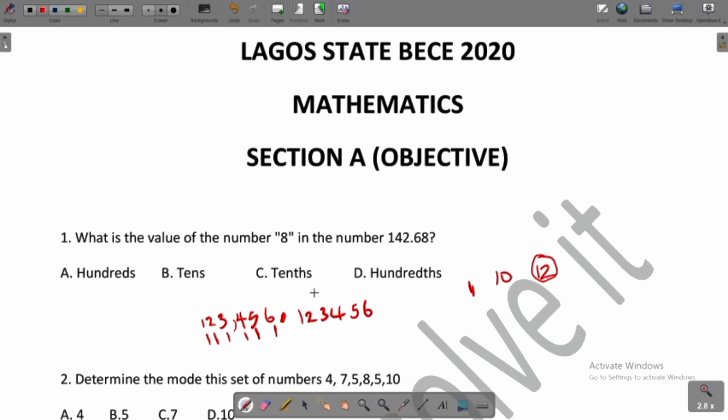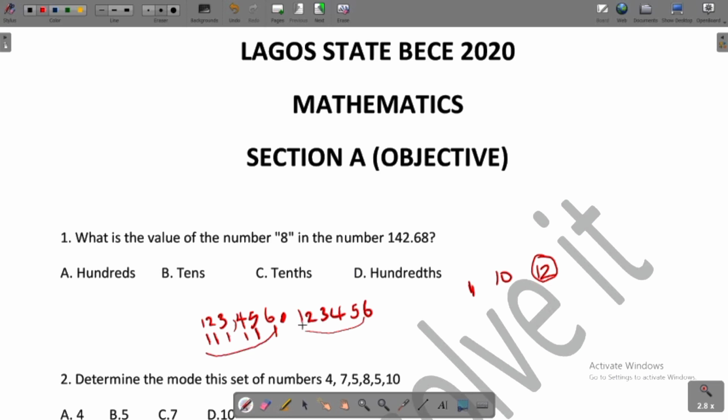But we are talking about the numbers after the decimal. You are starting your count from the first number here, counting to the right-hand side. If you are counting before the decimal, you start from the last number to the left-hand side.